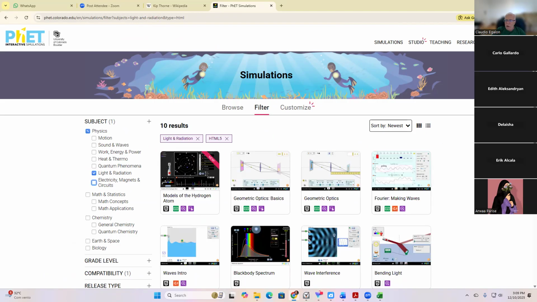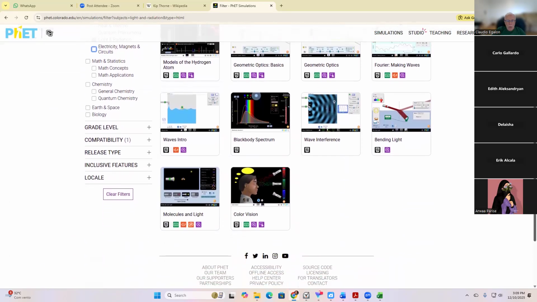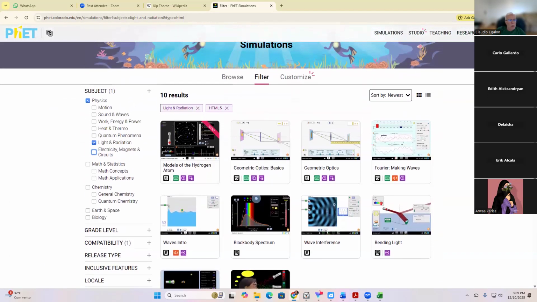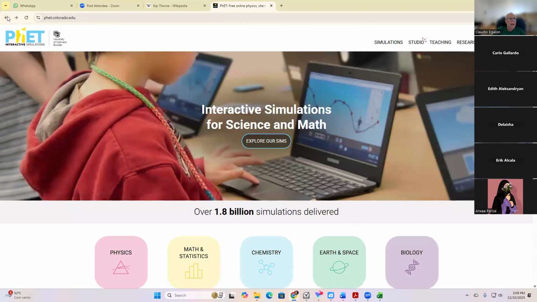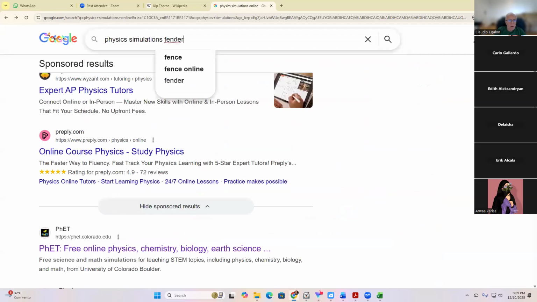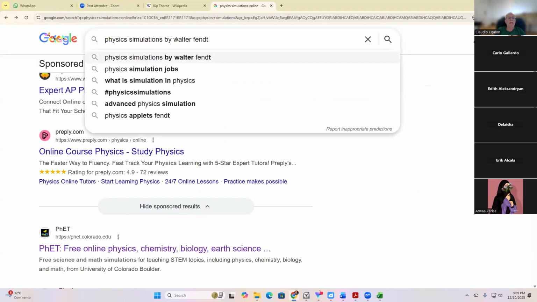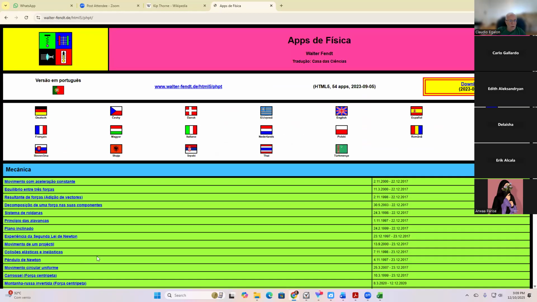Let's see if they have one here. Oh, it doesn't look like they do. I believe it's Fendt. Walter Fendt, Java Applets on Physics. Okay, yeah, that's the one.